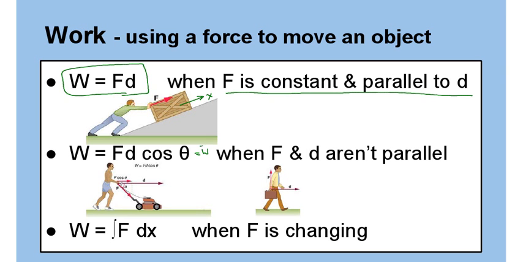Another way to write that would be the first vector dot the second vector. So it's a way to multiply vectors that we haven't really talked about here, but F D cosine theta would give us that amount of work. The easiest way for us at our level to think about that is F cosine theta.